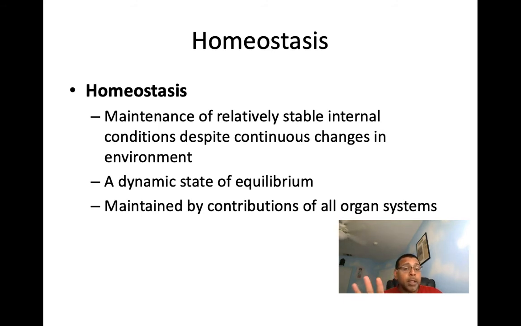Heart activity and blood pressure have to be monitored and adjusted so that blood is propelled to all body tissues. Waste has to be removed and cannot accumulate. And the last example is that body temperature has to be controlled.